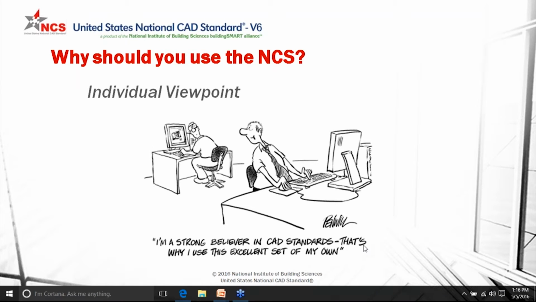So from the individual viewpoint, when the NCS is used by the project team, it really eliminates the time-consuming process of trying to figure out the meaning of the layers and symbols created by another person. I mean, we rarely work on projects where we are the only person creating the drawings.